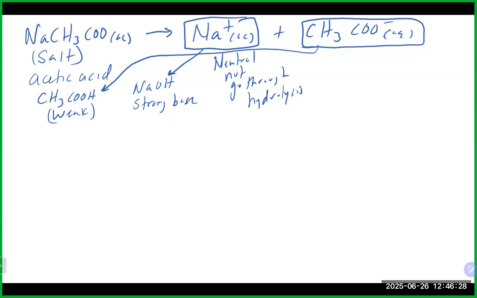And because it comes from a weak acid, it is going to be relatively strong, and it is going to go through hydrolysis here. So it is going to react with water. So how do I know how it is going to react? It is going to react because it came from a weak acid, which means if it came from acetic acid, the acetate should be its conjugate base. So that is the relationship.